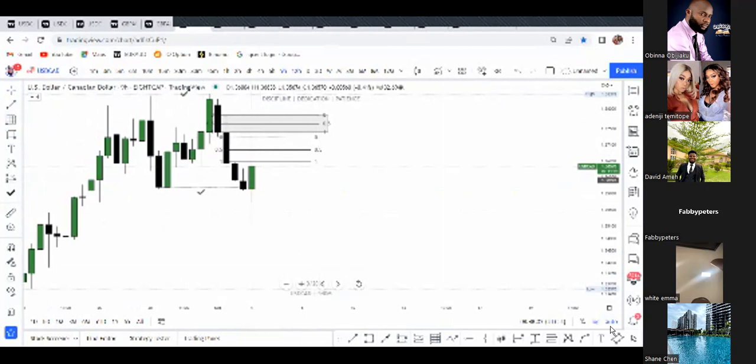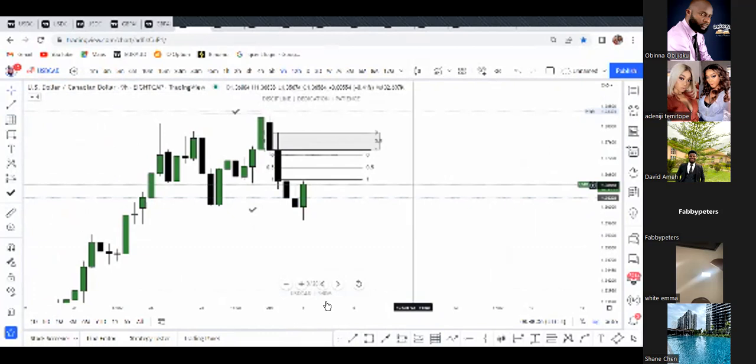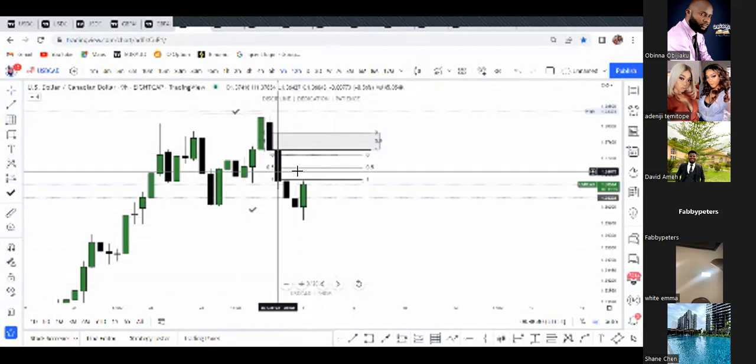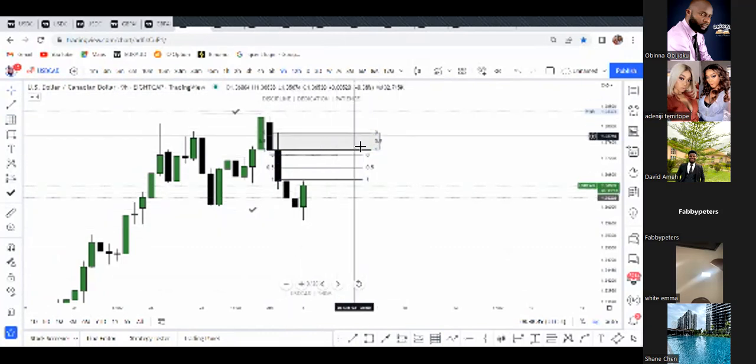Inducement of liquidity is different from liquidity. Liquidity is found around your POI. Inducement is when they induce your POI. Around your POI, they induce a particular zone that was initially given to buyers or sellers as an entry.